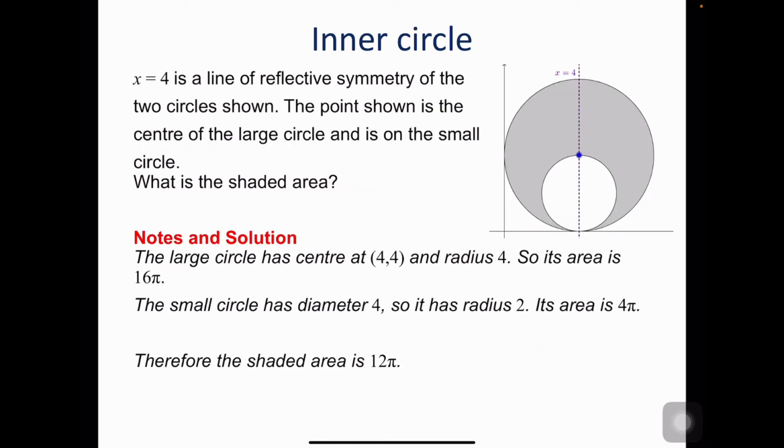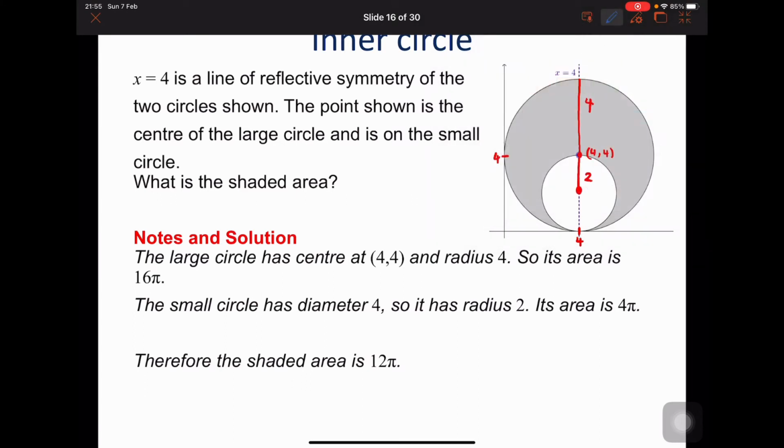So if this is 4 and this is 4 as well, the center will be (4, 4). And so from that we know that the small circle has a diameter of 4 and a radius of 2, and the larger circle has a radius of 4. As it says here, we use pi r squared.